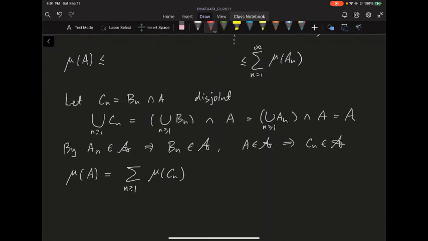Our goal is to show that it's less than or equal to the summation of mu of An. Well, as you can see, these Bn are contained in An, and Cn is a subset of Bn, so it's certainly contained in An as well. So each of these Cn is contained in An, all right?